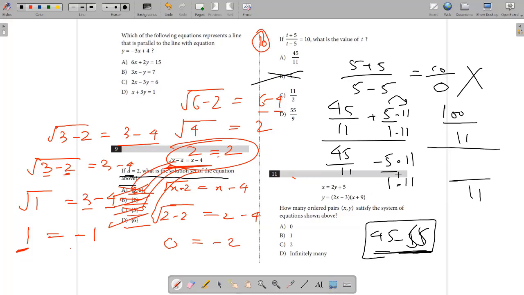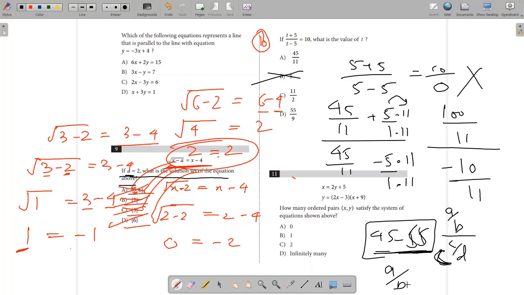So 45 minus 55 is how much? Negative 10. So you'll be having 100 divided by 11, that whole thing divided by negative 10 divided by 11. And I told you, if you're having a fraction divided by a fraction, you can simplify by multiplying by the reciprocal of the denominator.